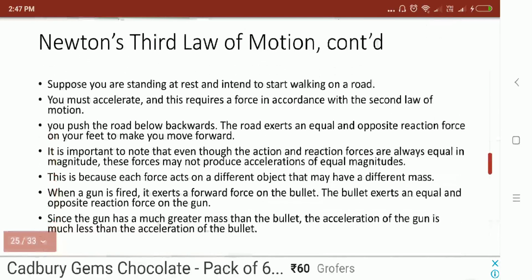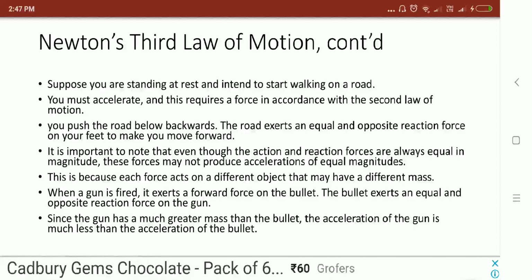Suppose that you are standing at rest and start to walk on the road. So what will happen? How is the force applied on the road? How does the reaction arise? While we want to accelerate, what are we doing? The required force is according to the second law.